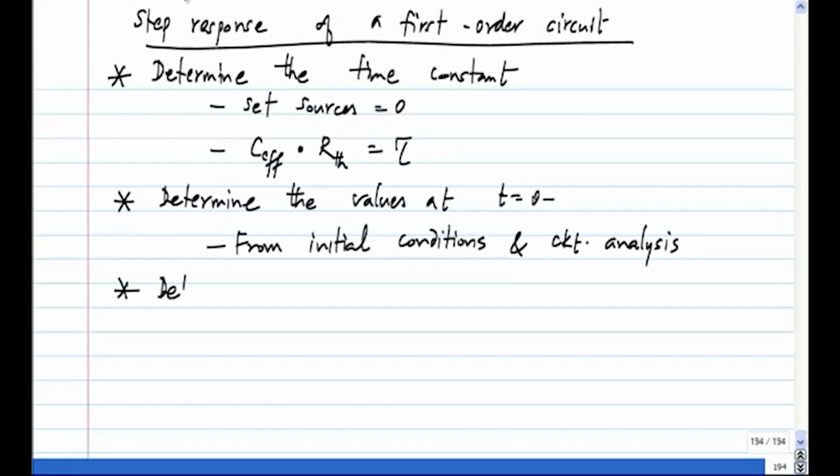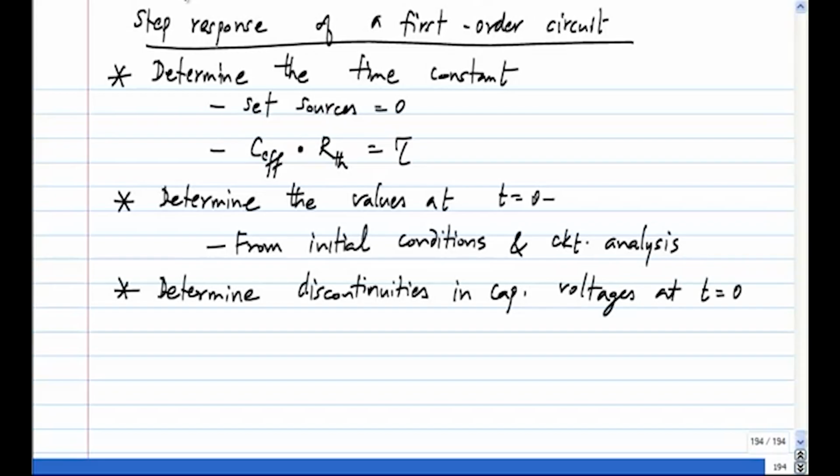And that is from t equal to 0 minus to 0 plus, it can jump. Now, of course, you know that it will happen only if you have voltage source capacitor loops.